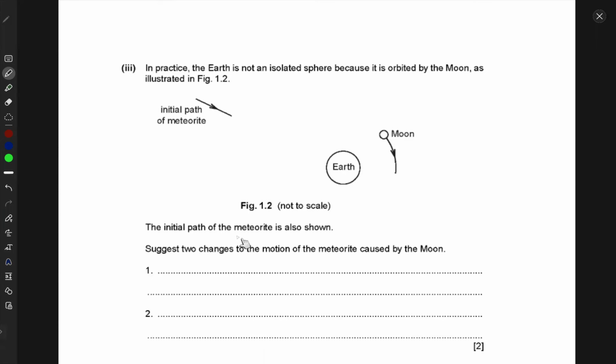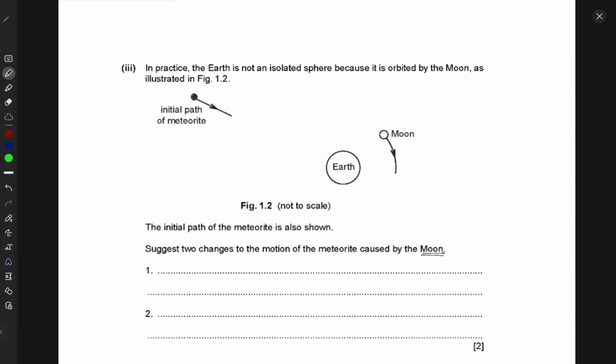So the initial path of the meteorite is also shown. Here they're showing you that we had this meteorite and it moves like this, moving towards the Earth. Suggest two changes to the motion of the meteorite caused by the moon. Because there is a gravitational field due to Earth over here, but there's also some gravitational field because of this moon present in the orbit of the Earth.